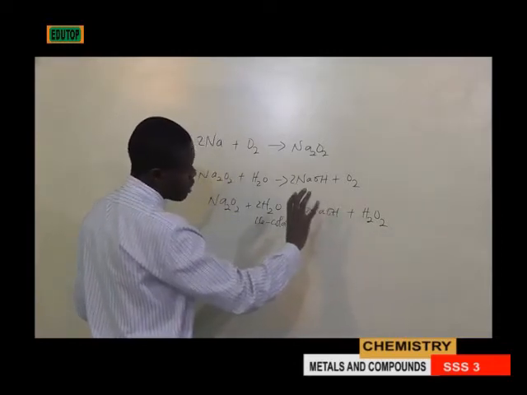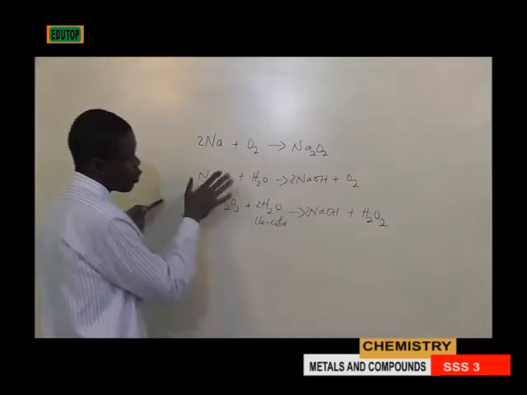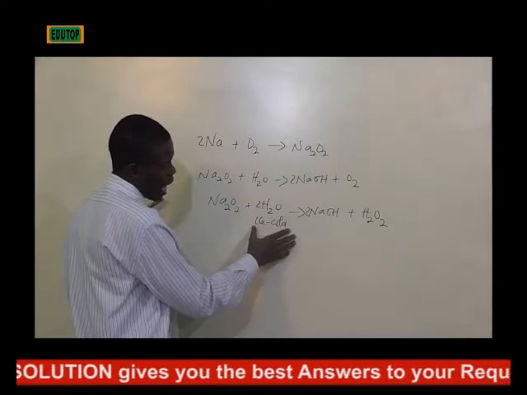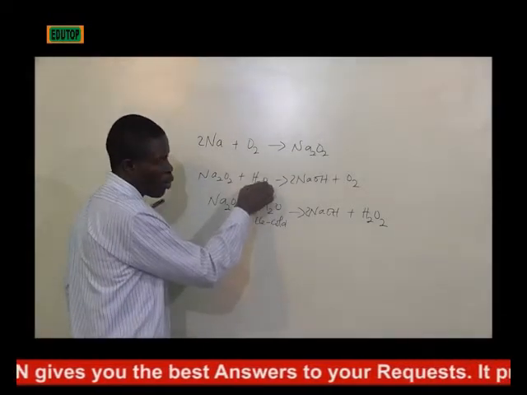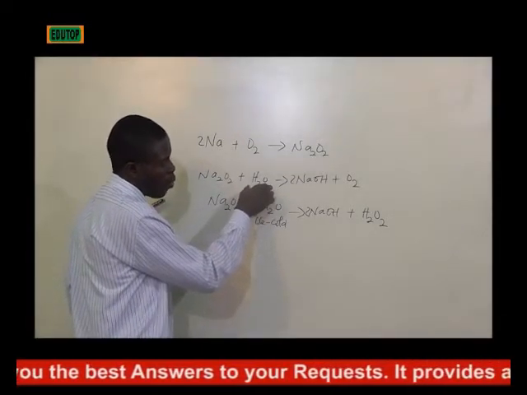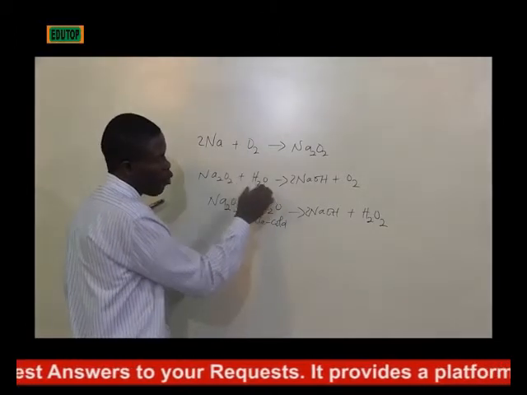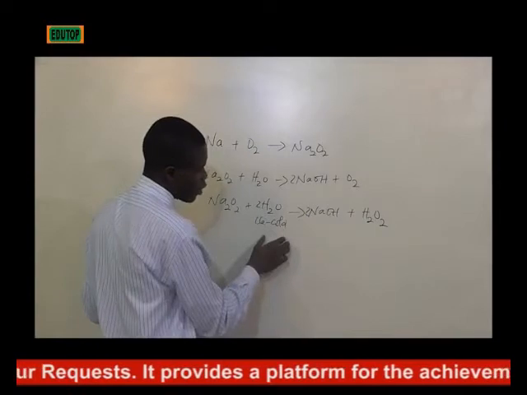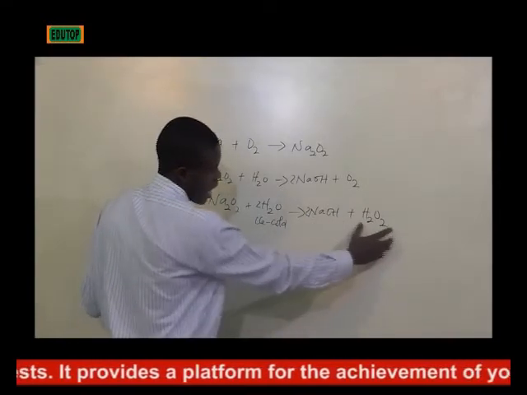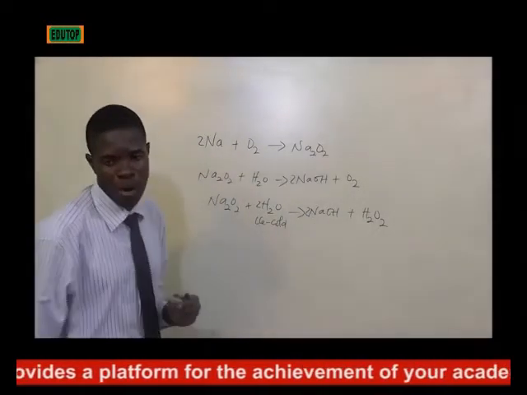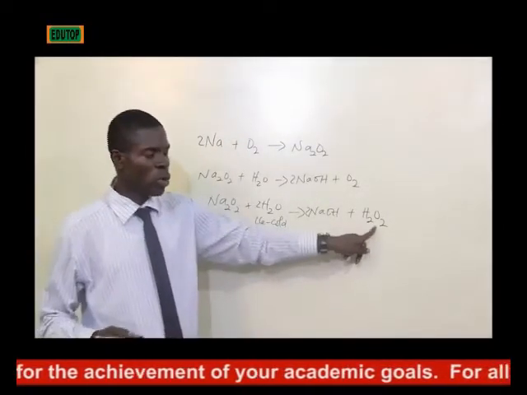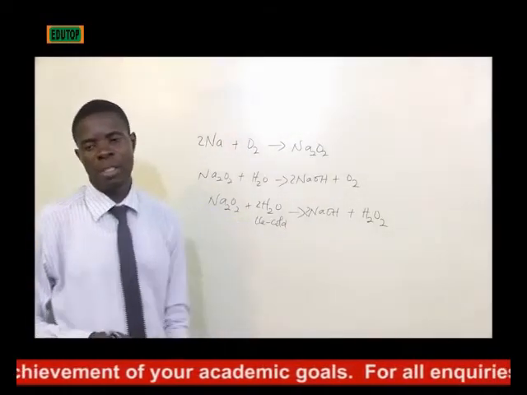This is one of the important reactions of sodium peroxide, because the product in ice cold water is different from the product in ordinary water. Hydrogen peroxide can be used in bleaching.